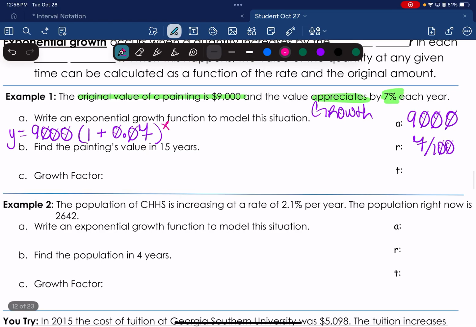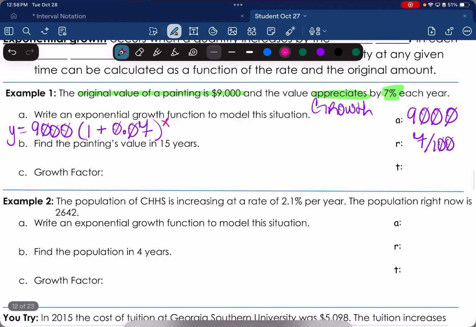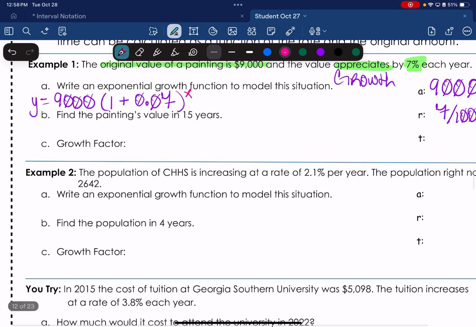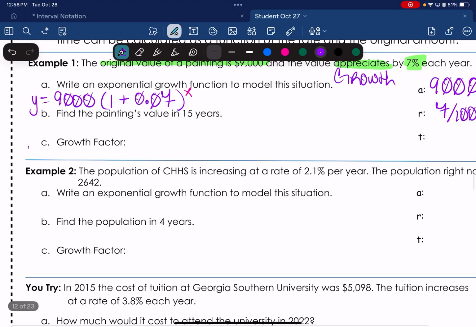So you can also just go ahead and calculate your growth factor. The way I do it is I just combine those. So remember your growth factor, which is going to represent what B is, is going to be 1 plus 0.07, which equals 1.07.